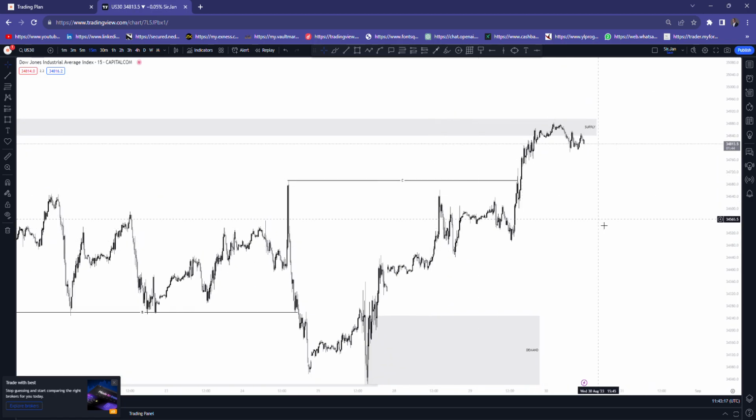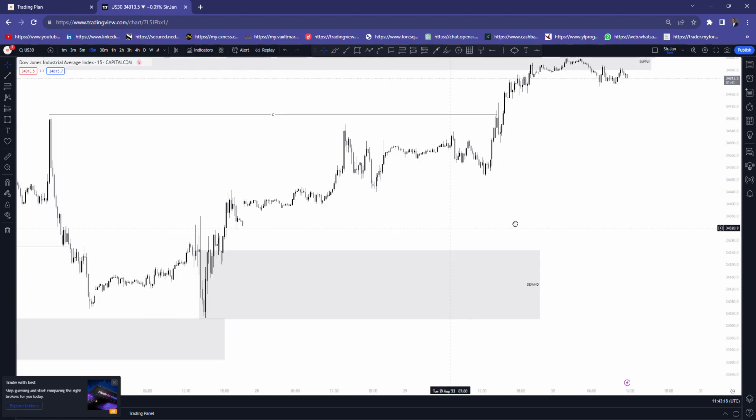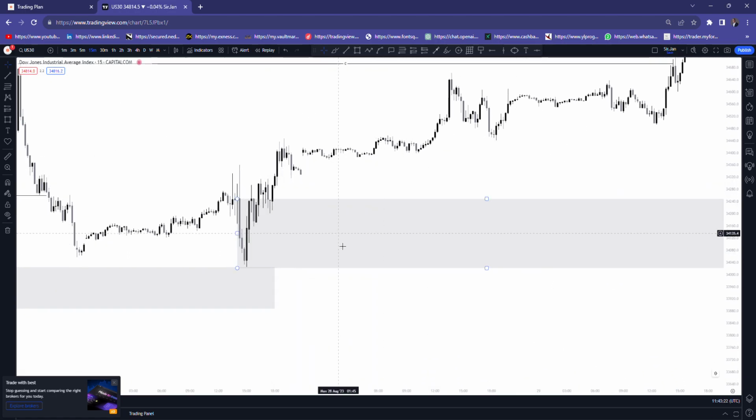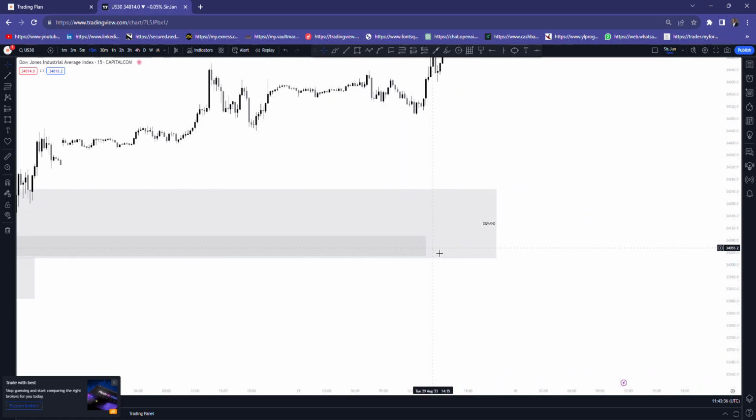Okay, so now with this 15-minute, this 4 hour, we then need to figure out the 15-minute zones. We have this zone here. This is the mitigated zone.